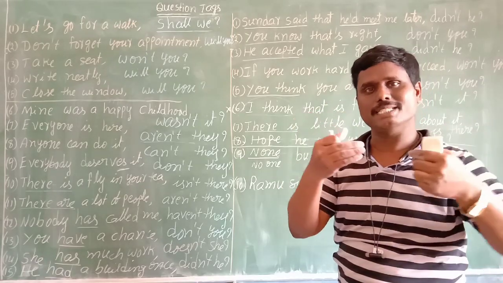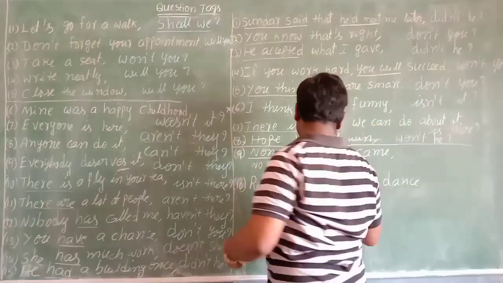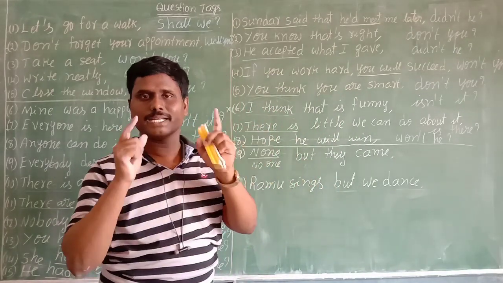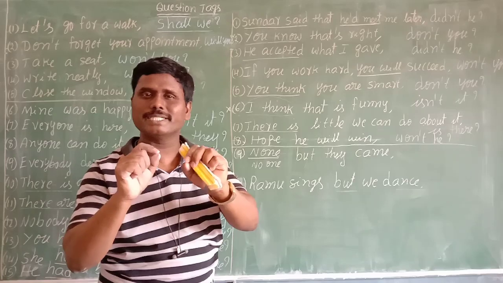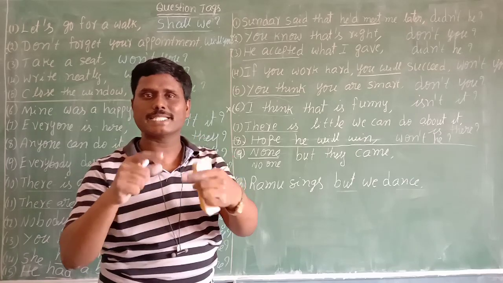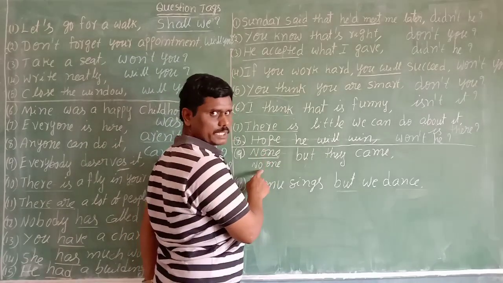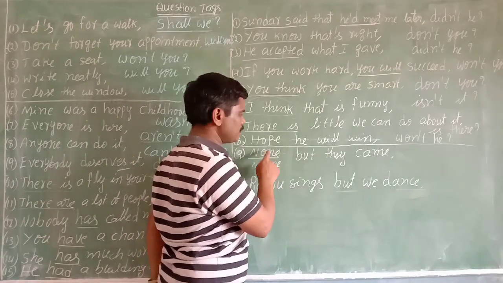These are coordinating conjunctions. When two main clauses are connected, writing the question tag is a little bit typical, but I shall explain in an easy manner. None means no one. None or no one, no problem.